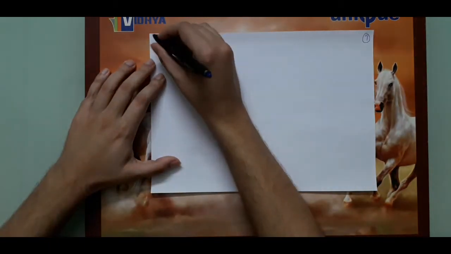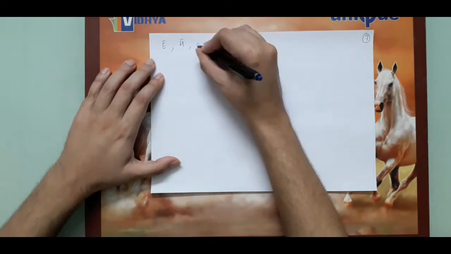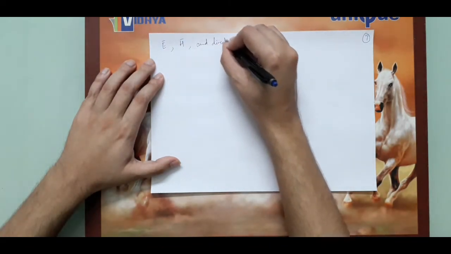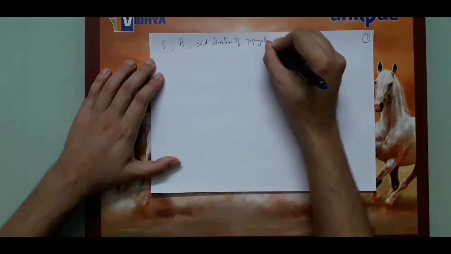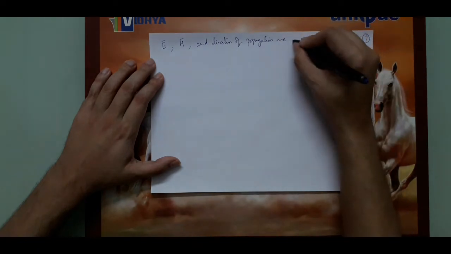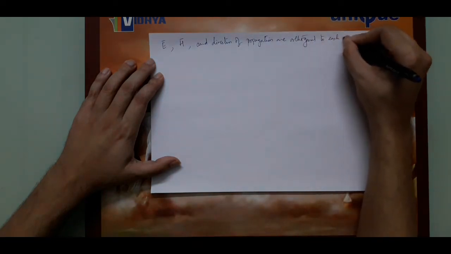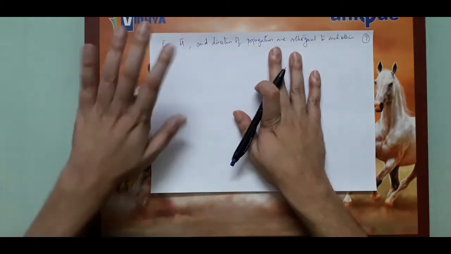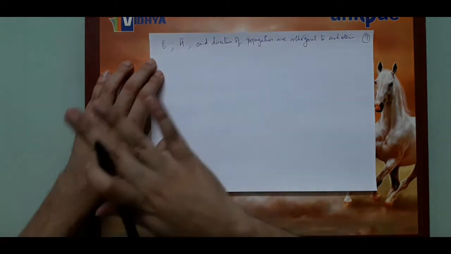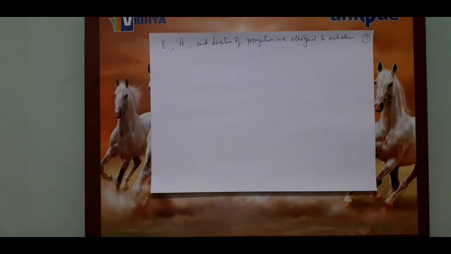So let us say the E, the H, and the direction of propagation are orthogonal to each other. This I am talking about only, let us say, in the simplest case, that is the homogeneous dielectric, which is infinite in size.